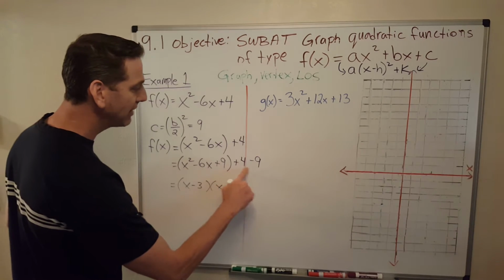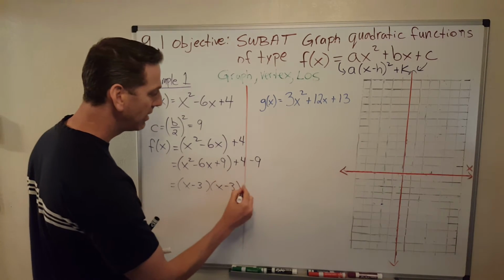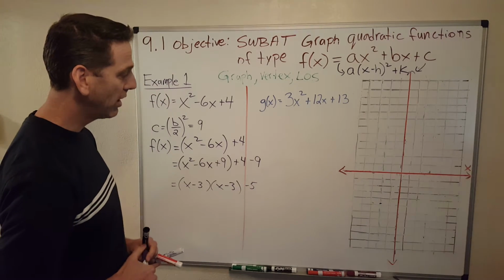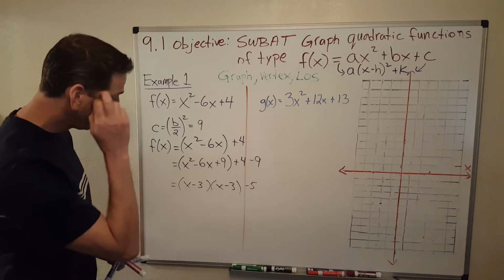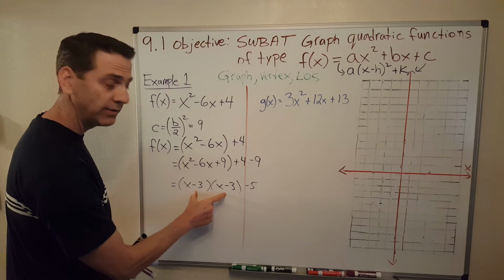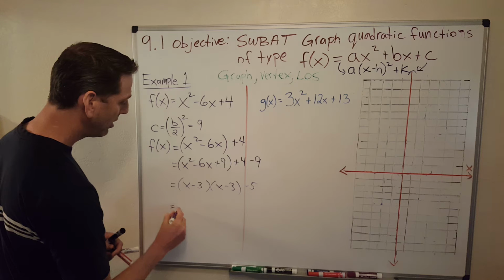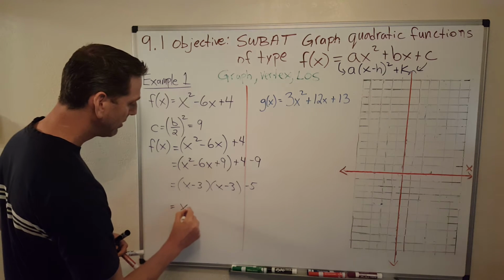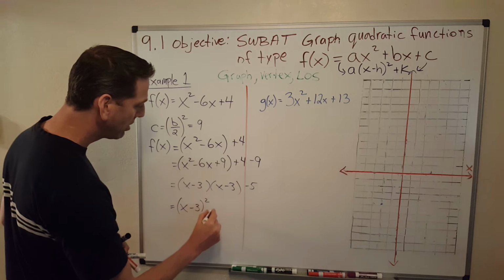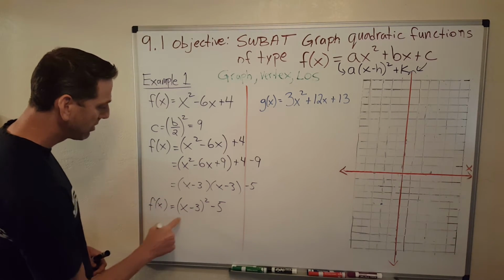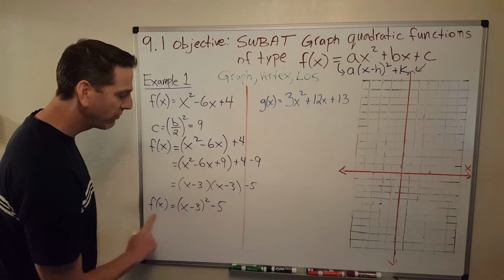On this side, I get 4 minus 9, which is minus 5. Great. Now I can rewrite this. x minus 3 times x minus 3 can be written as x minus 3 squared minus 5. Now, does that look familiar? Does this form look familiar?